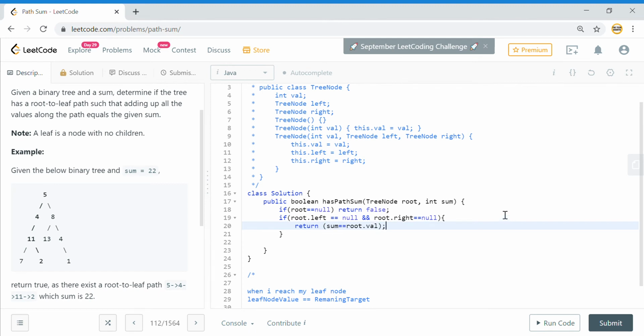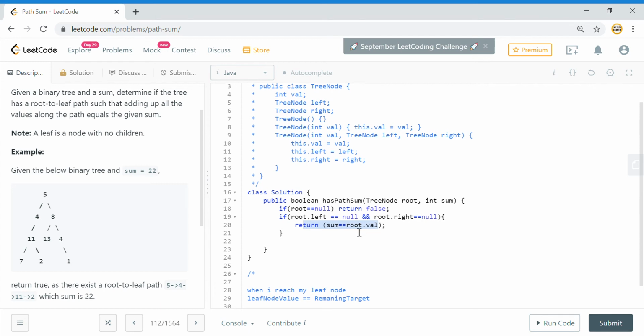If the remaining target sum is equal to the root.value, it means that when we started from 22 and came to 11, my remaining sum was 2. So if that is equal to my leaf node value, we have found a path, otherwise it is not a path. So if sum is equal to the root value, then it's true, otherwise it is false.